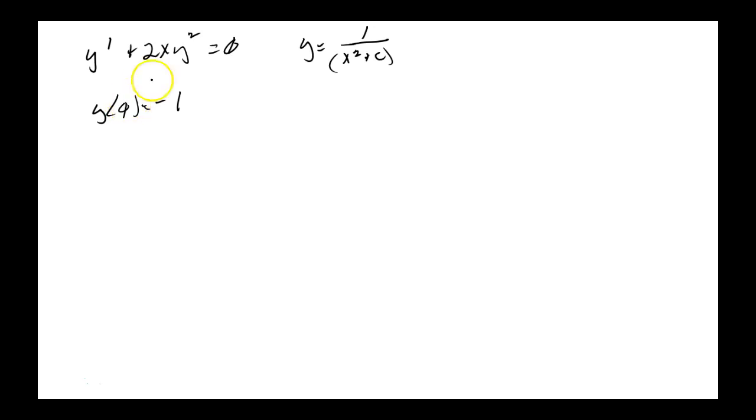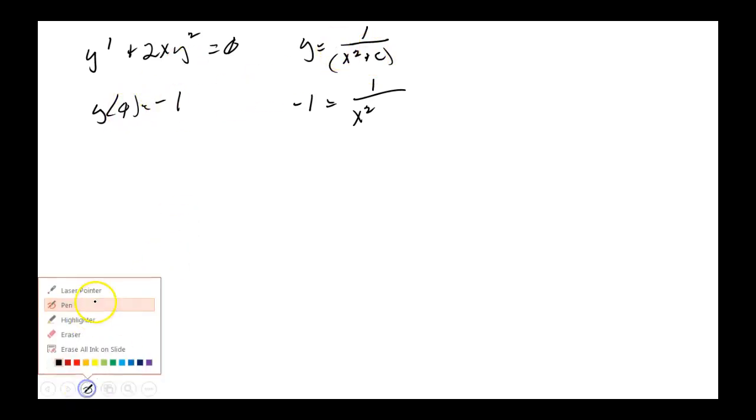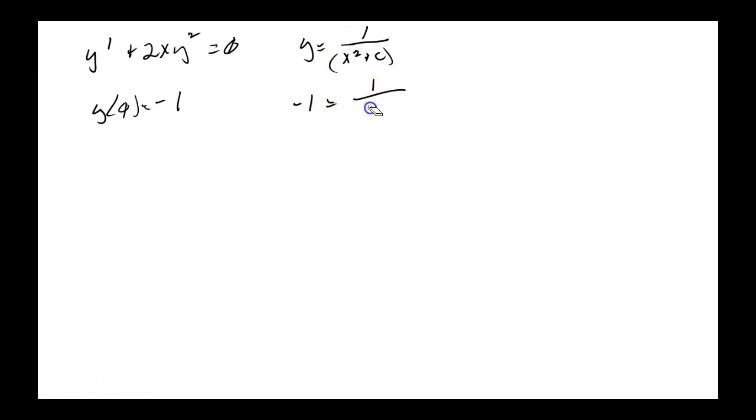Now, what we do with this is plug it into our solution. The y is negative 1, is equal to 1 over x squared plus c. I put 0 in the wrong place.